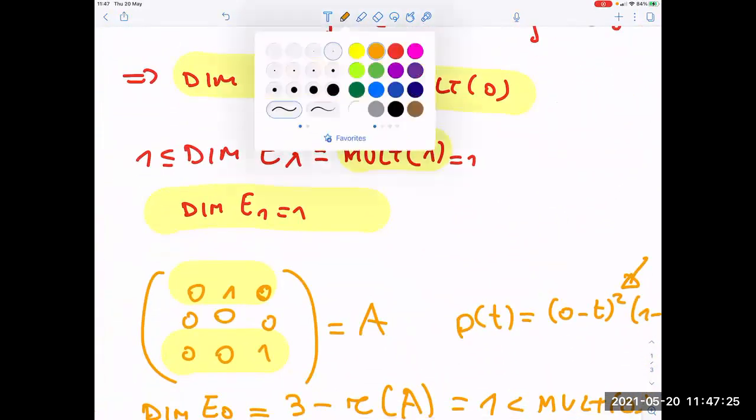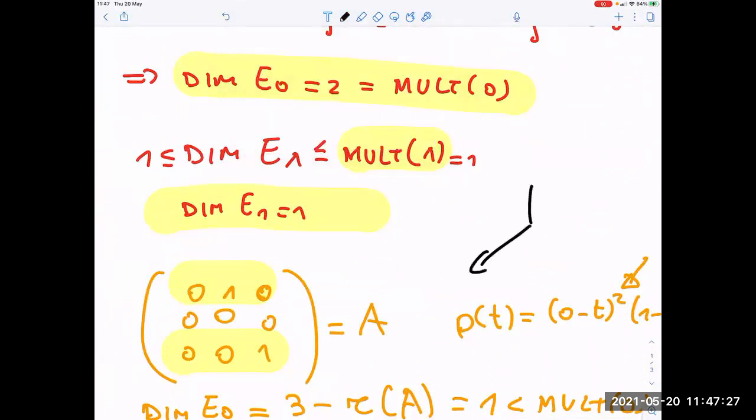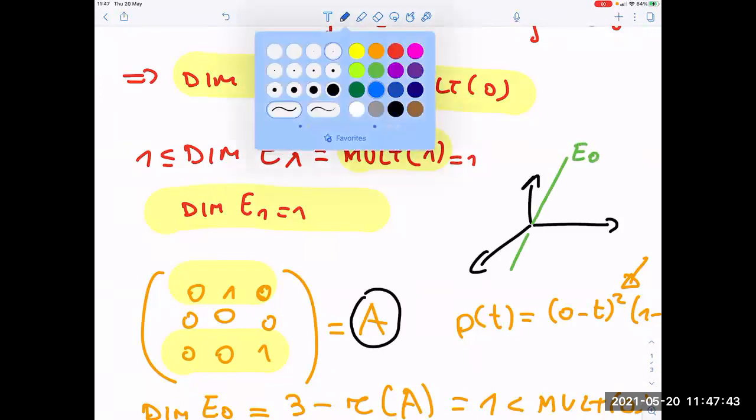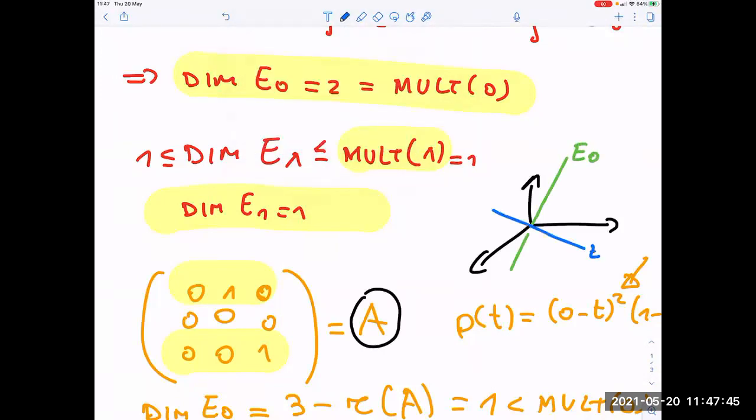We are in R3, and for this matrix here in this example, there are 2 eigenspaces. The eigenspace of 0, we just computed, is a line, and then the eigenspace of 1, which is another line.